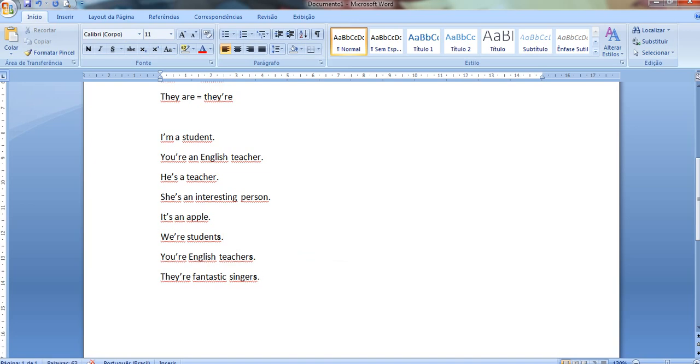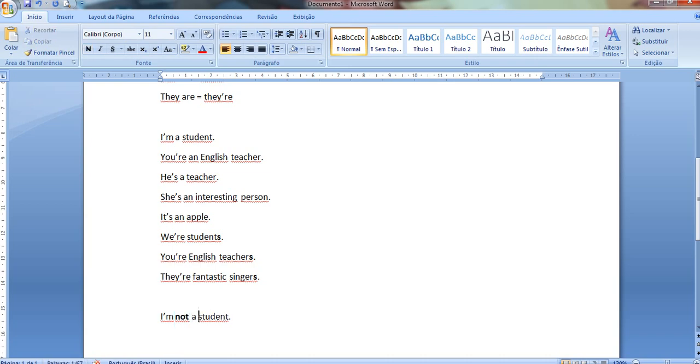to use the verb be in negative form, we have only to add the word not or the contraction of the form of negative form. For example, affirmative form, I am a student. For negative form, we add the word not: I am not a student. Okay?